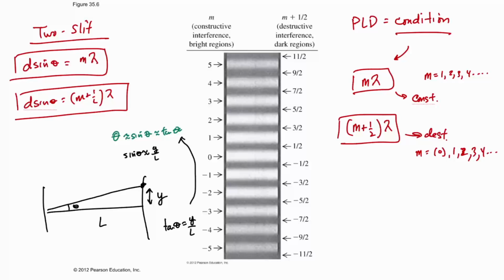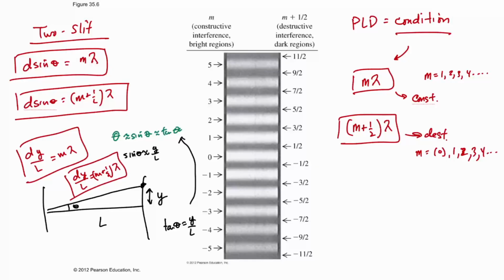Which means in practice, this is the equation I use. Because the angles are so small, you don't have to go find any angles at all. You just use y, the distance that things are separated on the screen.